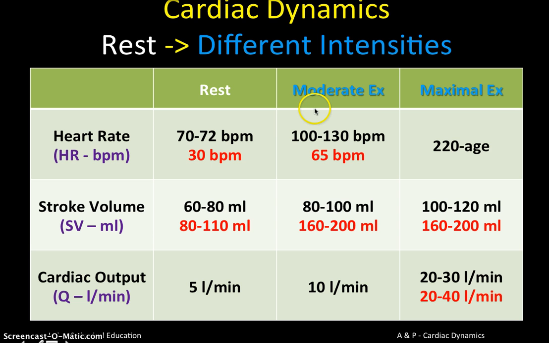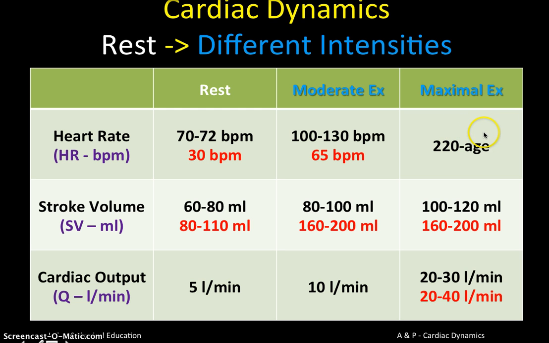Moderate exercise then, as we know, we increase our heart rate, whether we're talking about the untrained or the trained athlete. We know that our stroke volume increases. And, whether again that's the untrained or the trained athlete, it can go up to eject per minute 10 litres of blood.